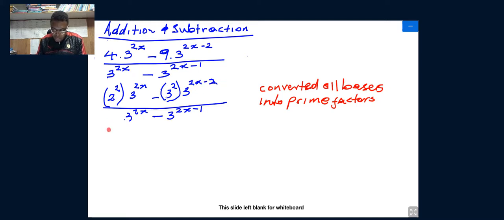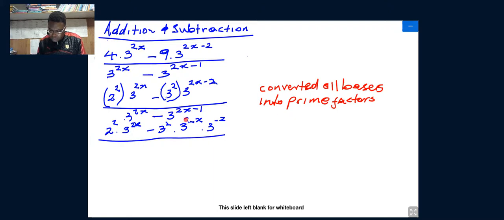I want to do the unbundling here. 3 to the power 2x and 3 to the power negative 2, over 3 to the power 2x subtract 3 to the power 2x, 3 to the power negative 1.